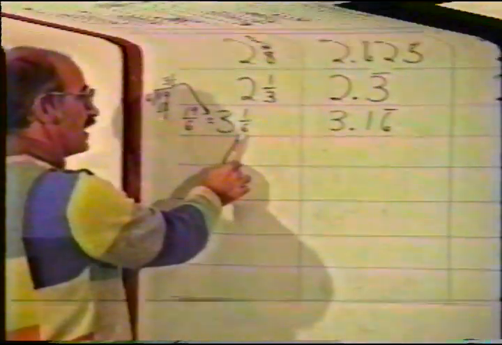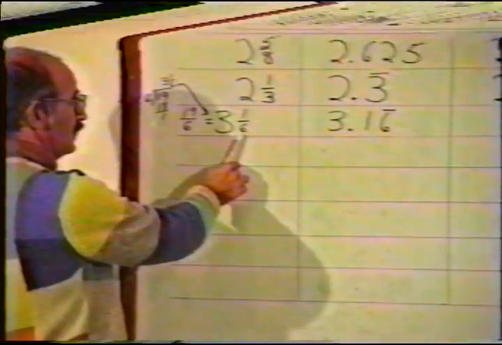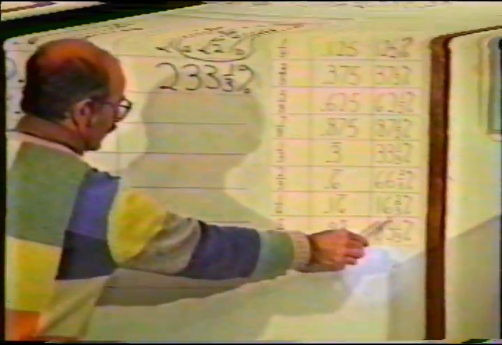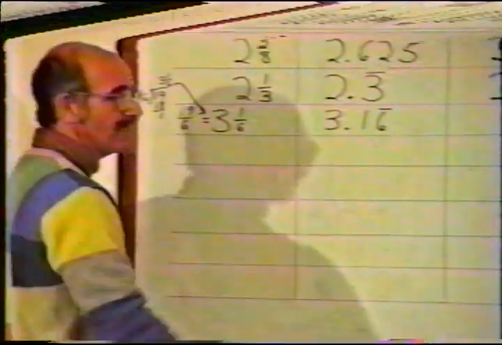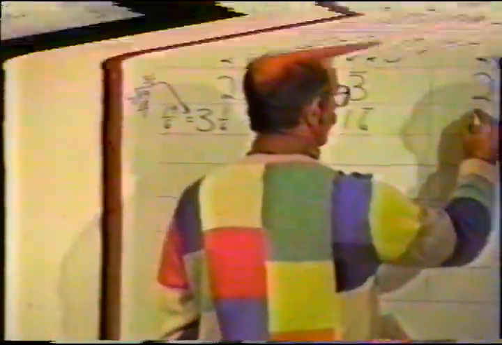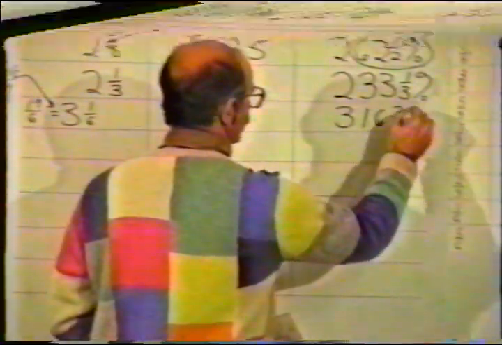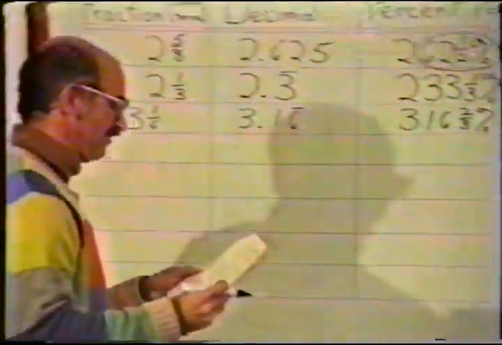And the 1/6 is how much percent? 16 2/3%. 1/6 is 16 2/3%. So the whole thing altogether is how much of a percent? 316 2/3%. Very good. What a mouthful that one was.